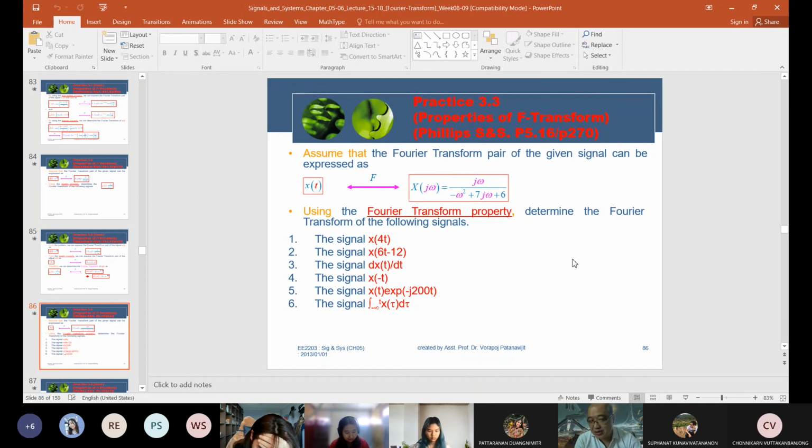Each of them uses a different property for each case. The first one, you can see that 4t means you may require time scaling or time shifting, or both of them, differentiation in time, reversal, or multiplication by an exponential. That may require frequency shifting in this one.